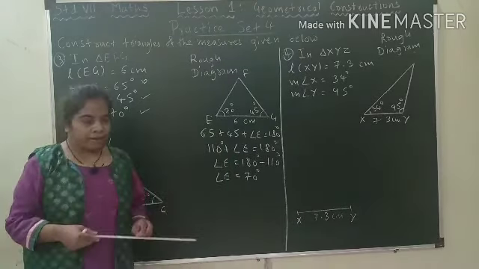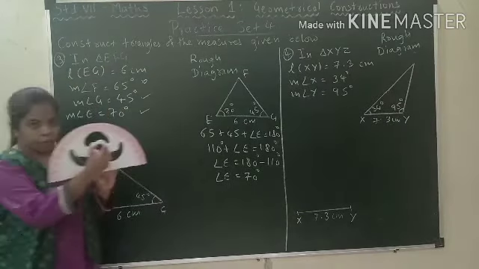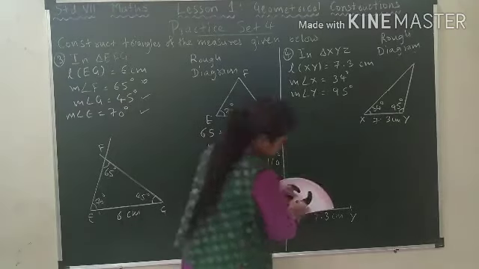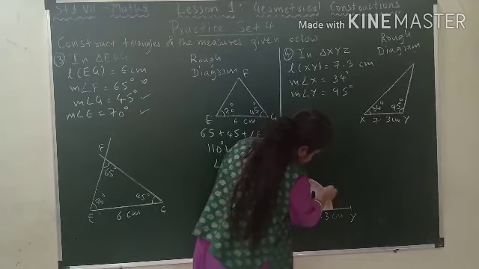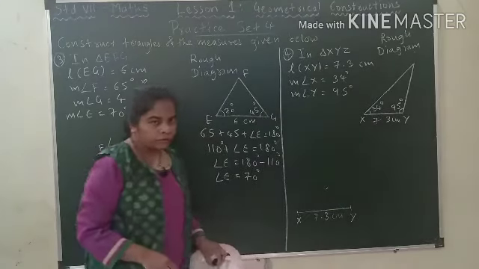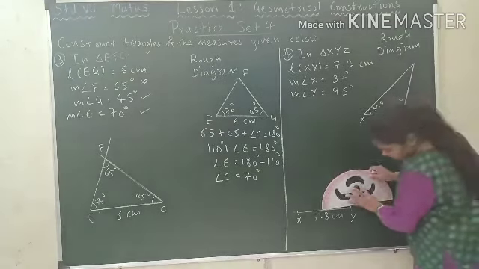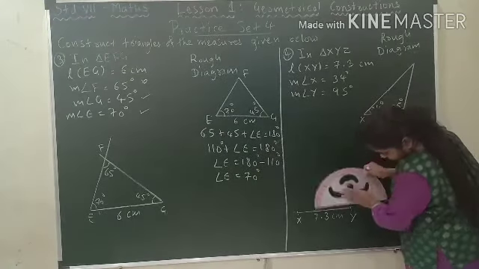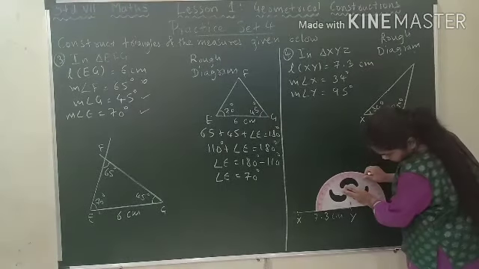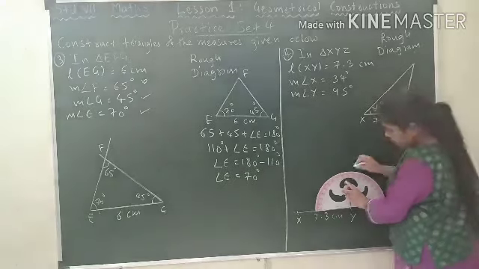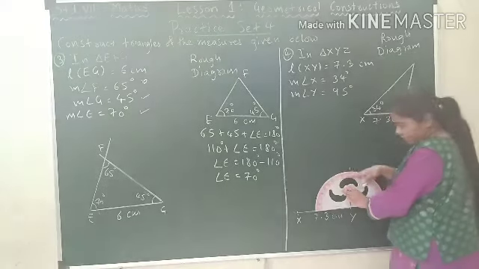Now we'll make the angles 34 and 95 using our protractor. That's 34. Now we'll see this side line. Point on point. Line on line, 95. Here, this outside line.